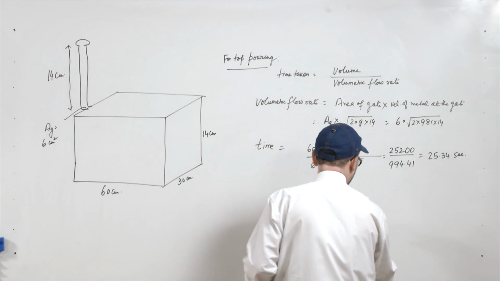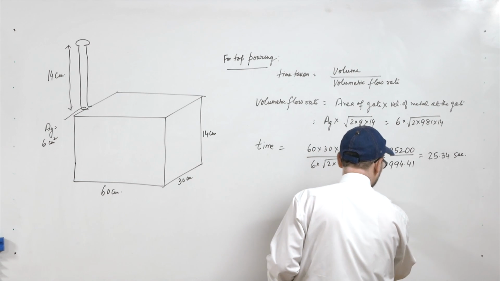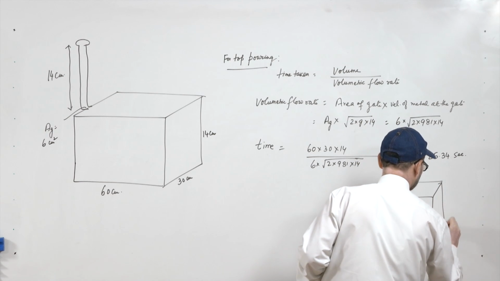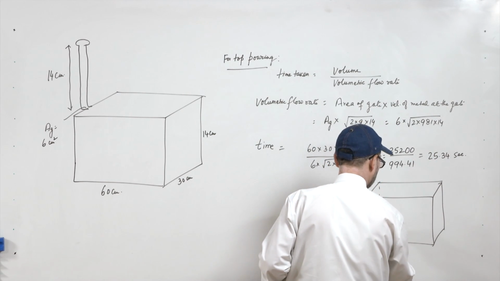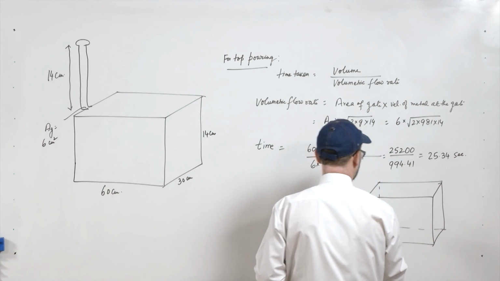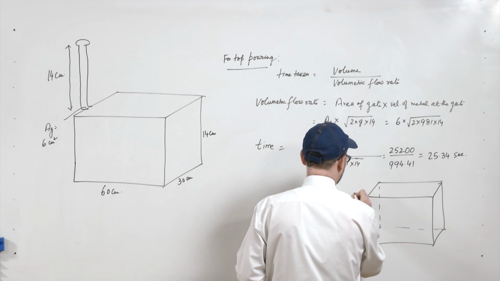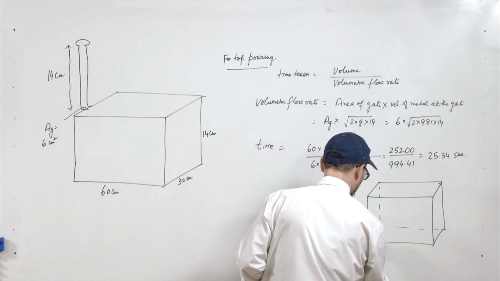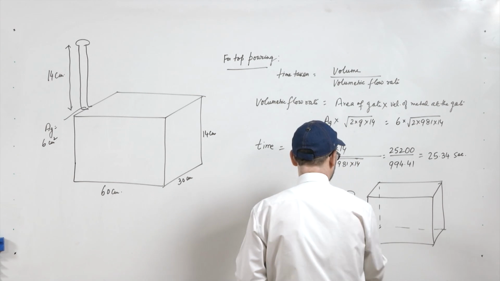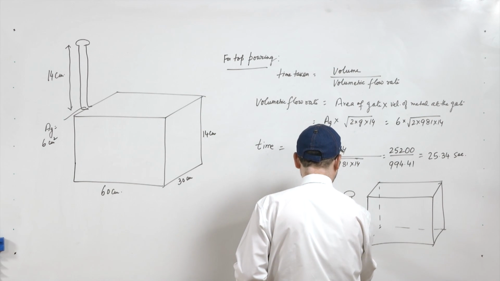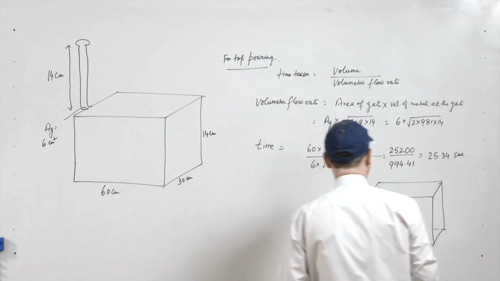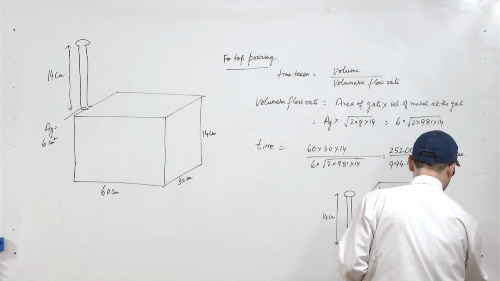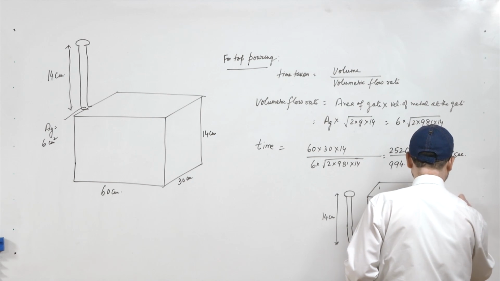So, in the case of bottom pouring, what will happen? You have the cavity, so in this case your pouring cup will be here and it will be entering at this point. So, this is your 14 centimeter and you have the dimensions like the earlier one, 60 centimeter, 30 centimeter and 14 centimeter.